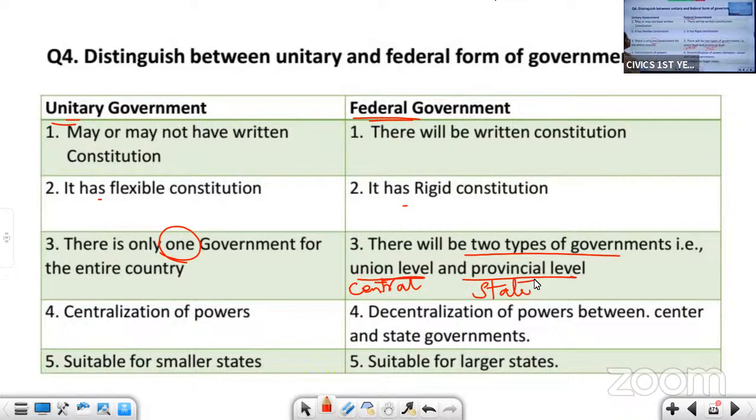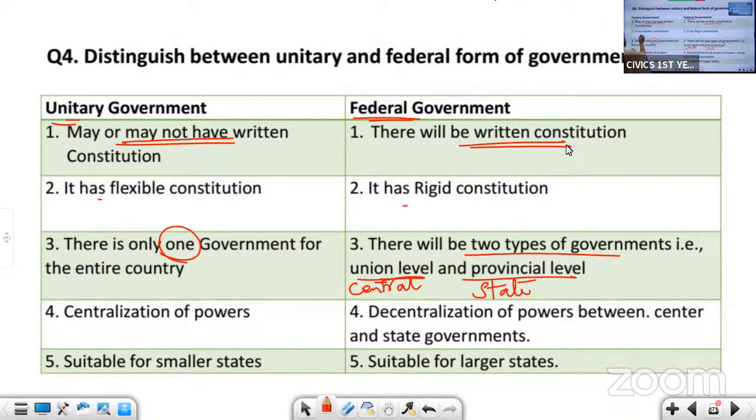Then what about the constitution? Unitary government may not have a written constitution, whereas federal government will have a written constitution. Students, please keep these keywords in your mind. It will be easy for you to learn the answer.